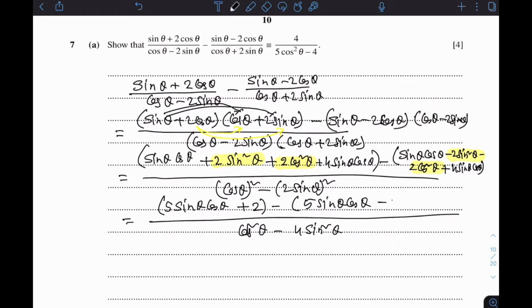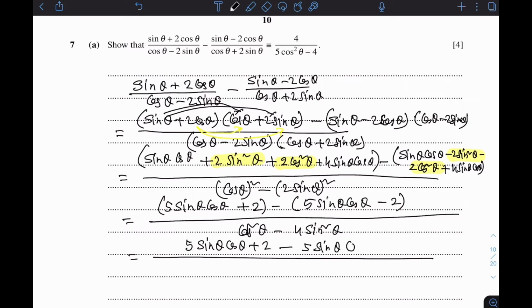So 1 times 2, that is 2. Now let me remove the bracket. 5 sin θ cos θ + 2 − (5 sin θ cos θ + 2). Now let us think for this one. Minus 4, 1 − cos² θ.